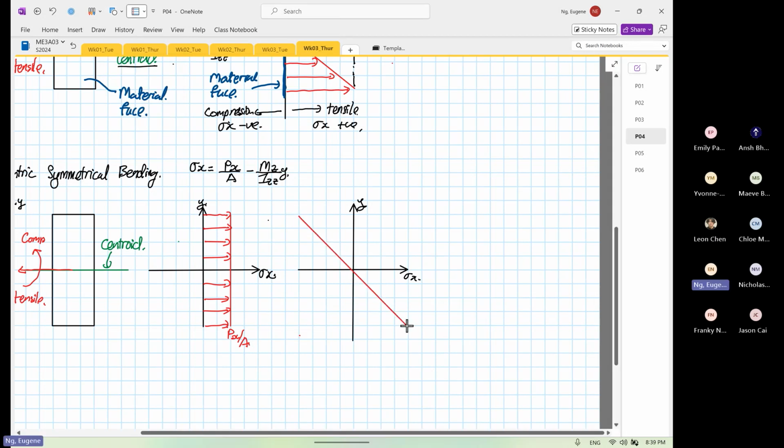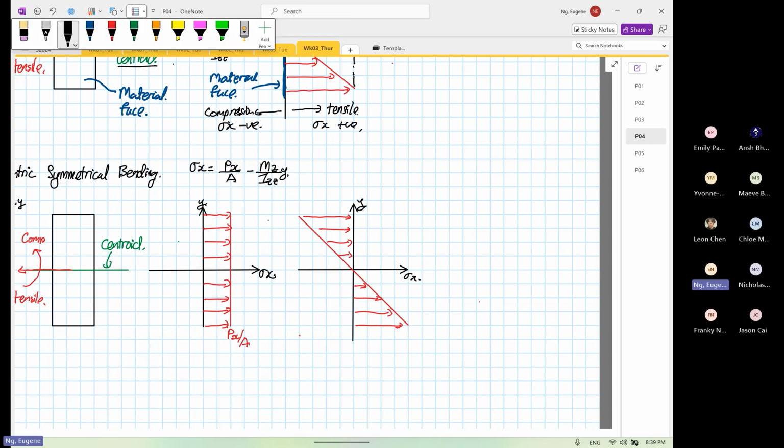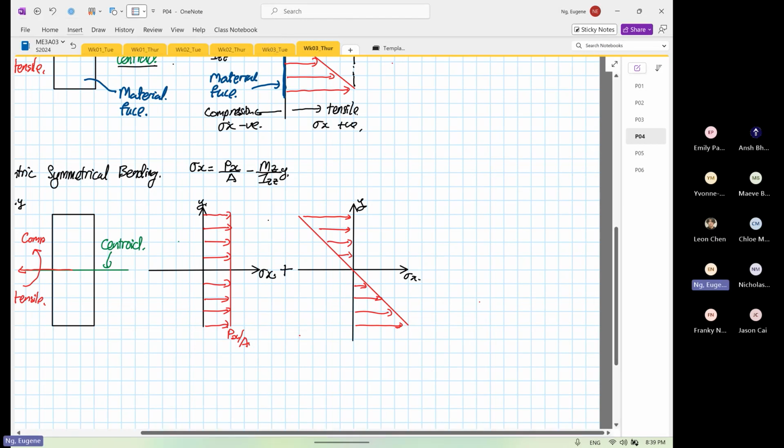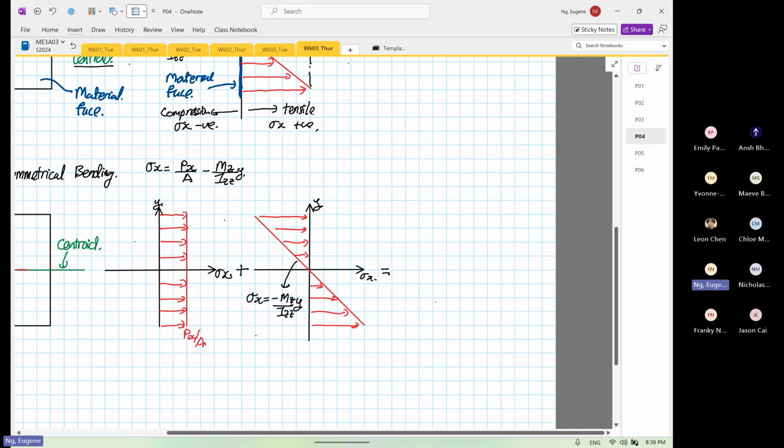So this is how our distribution looks like. So compression, 0, and then go to tensile. So now if we add these two graphs, or superpose them, this one, the function is stress x equal to minus Mz over Izz multiplied by y.